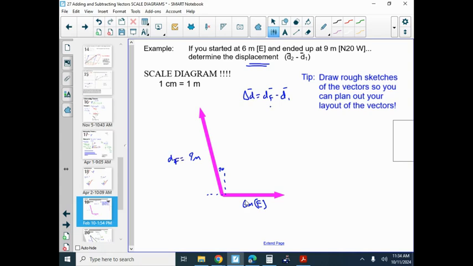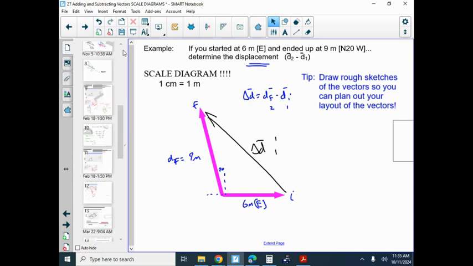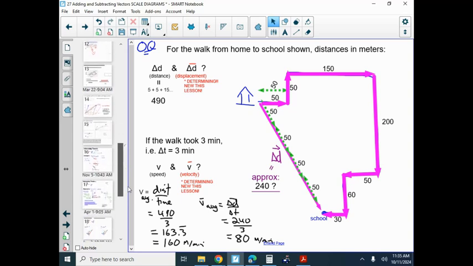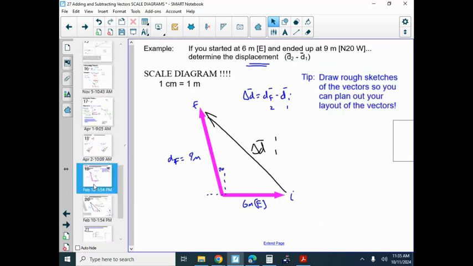D2 and D1, or final and initial. So this is the final position. This is the initial position. When you're drawing this, from there to there, when you measure it and so on, this would be your displacement. Okay, so that's allowing us to calculate things. That's when I said at the beginning that we're going to be determining displacements. That's how we're doing it so far with scale diagrams.